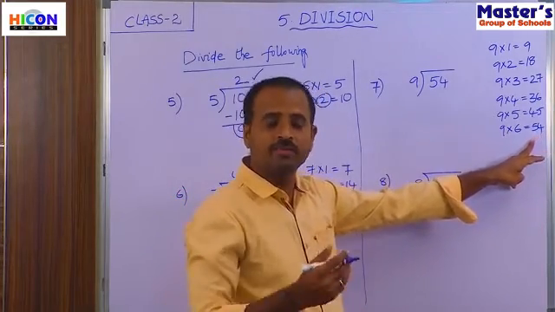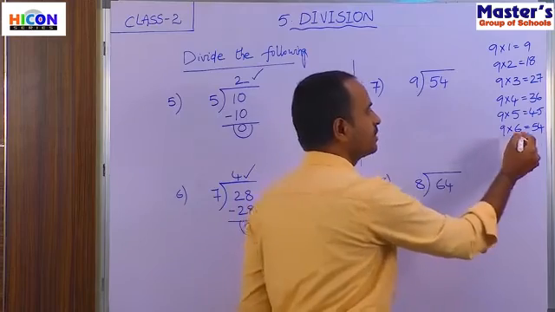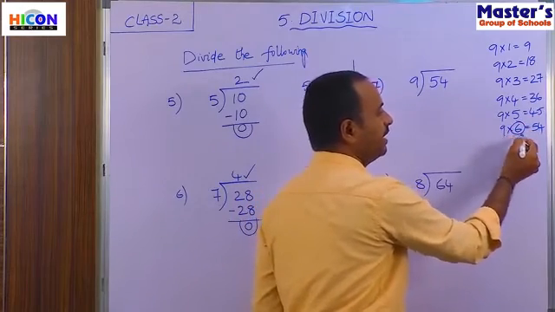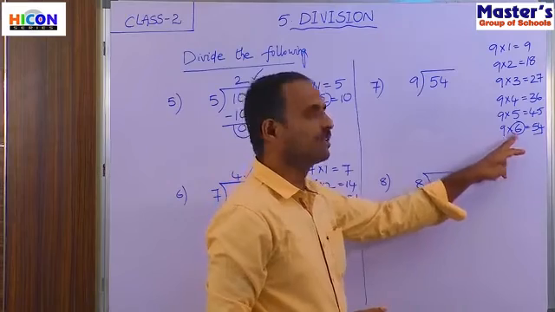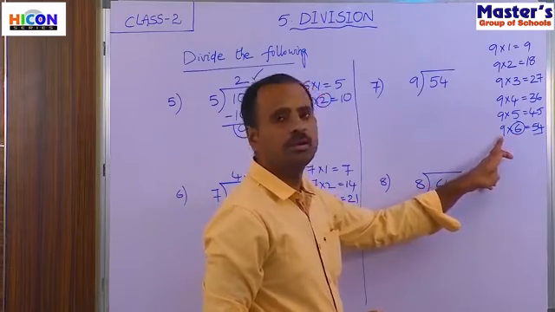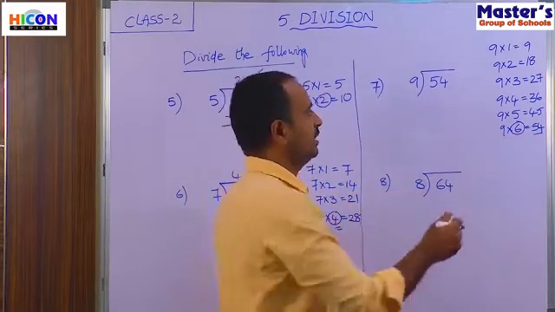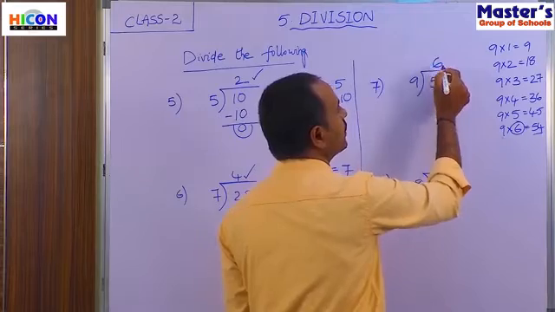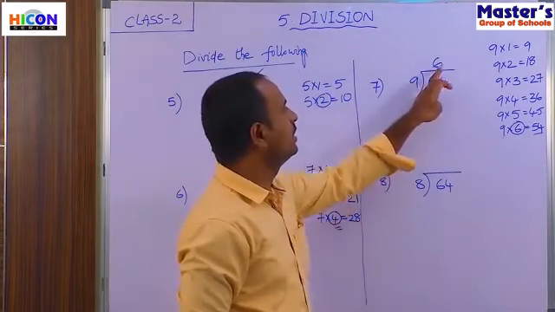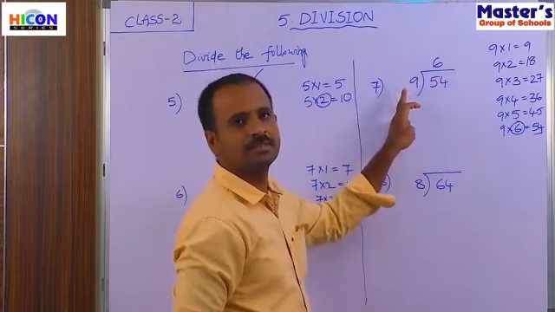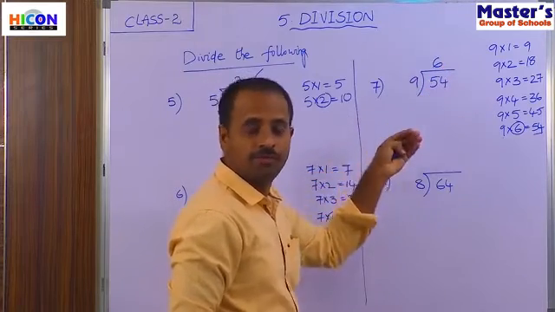How many times do we have to take? 6 times. So 6 times 9 is 54. Write 6 in the quotient on the line above the dividend. Now multiply these two. 9 into 6. 9 sixes are 54.